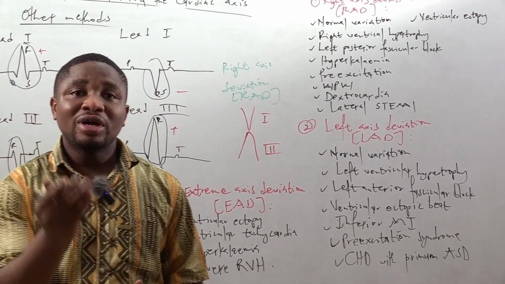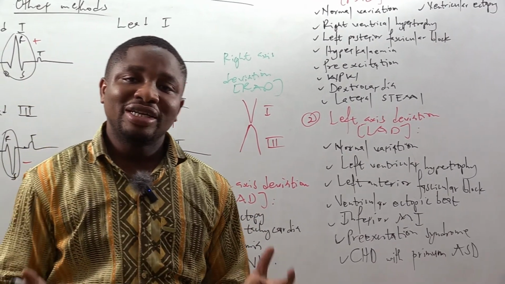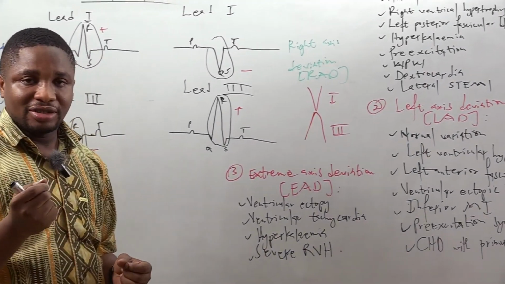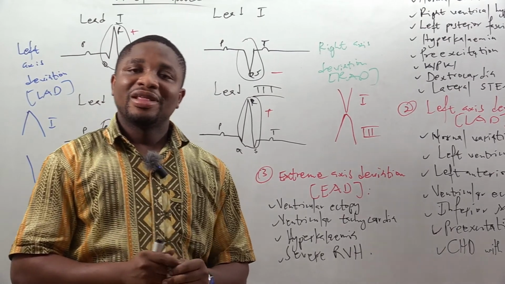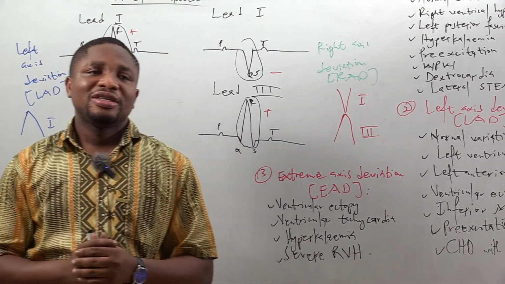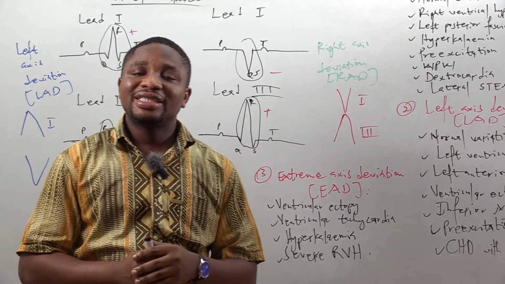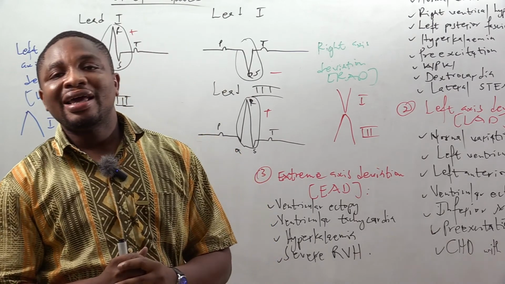Then the question goes, what are the causes of the extreme axis deviation? For that one, they are simple. You're thinking of ventricular ectopy. You're also thinking of ventricular tachycardia. Then you can also think of a very uncommon term, that is what we call accelerated idioventricular rhythm, AIVR.